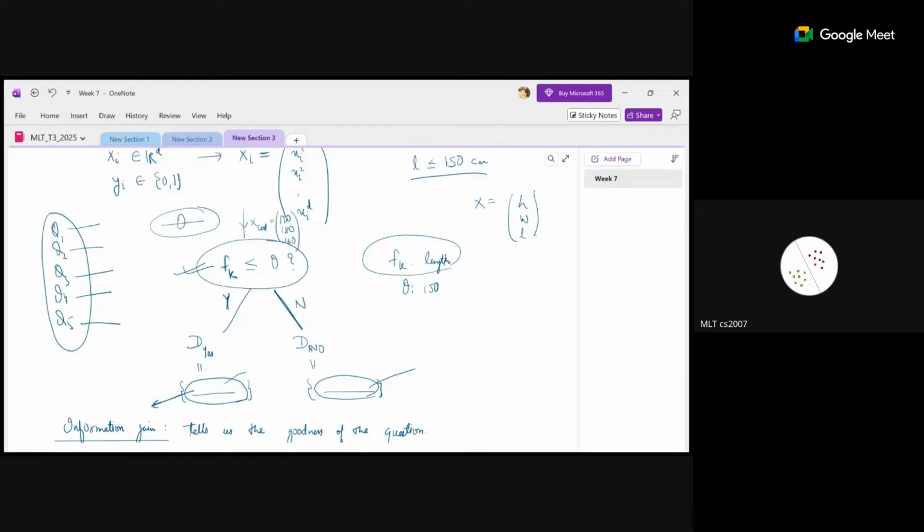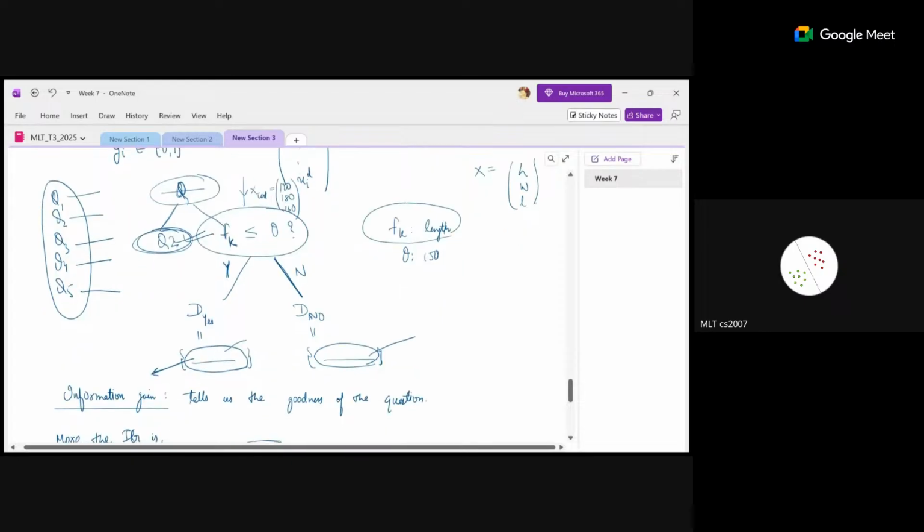Then you proceed again. Since you've already asked this question, you check which of the remaining questions has the highest information gain. The same process we keep repeating until the node has become pure.